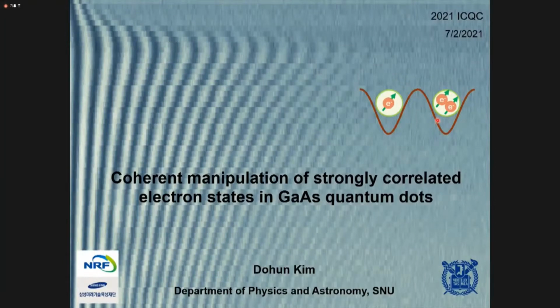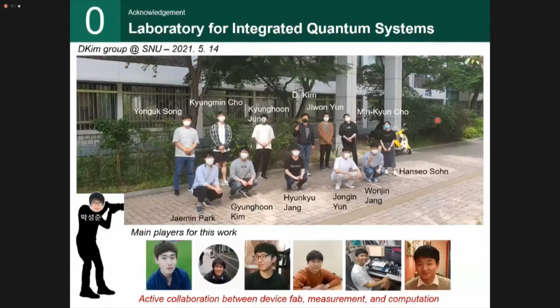Throughout the talk, I will explain how we make this kind of system and how we measure these interference patterns. I'd like to first acknowledge my students. This is really a strong collaboration between experts in device fabrication, quantum measurements and numerical simulations.